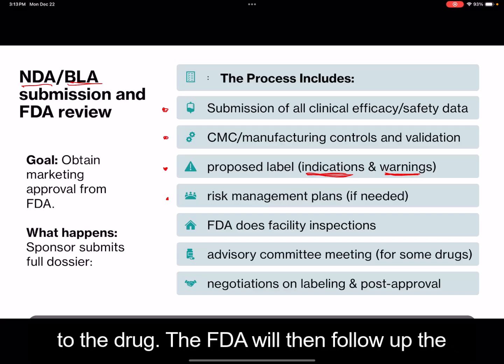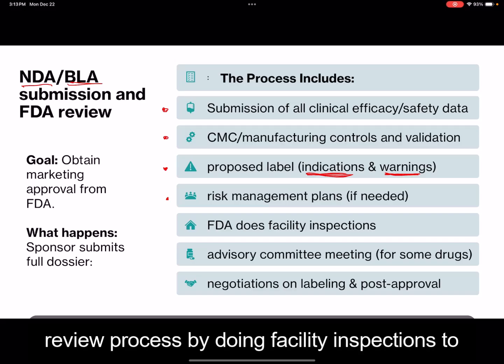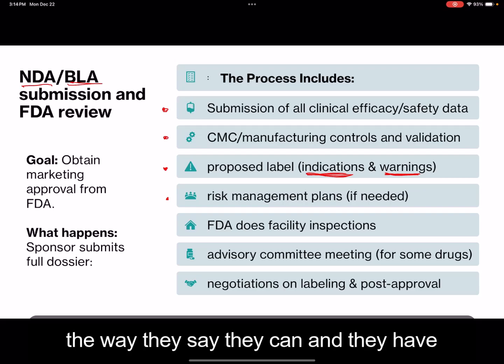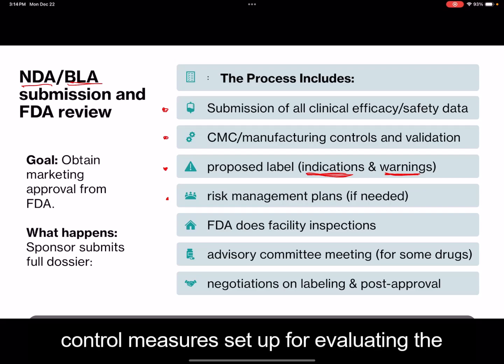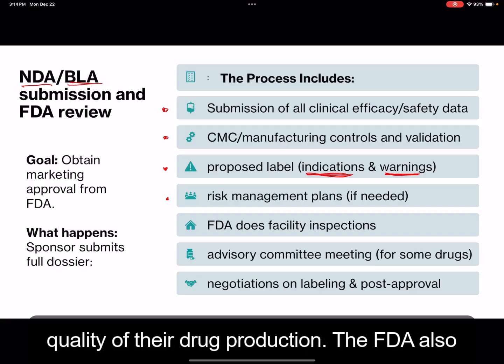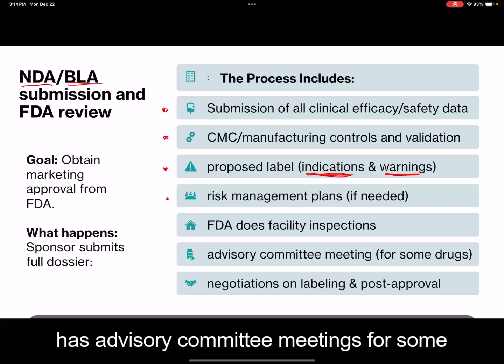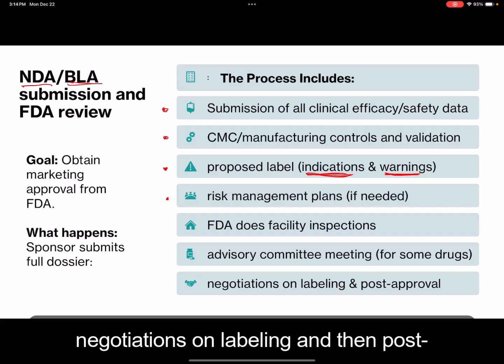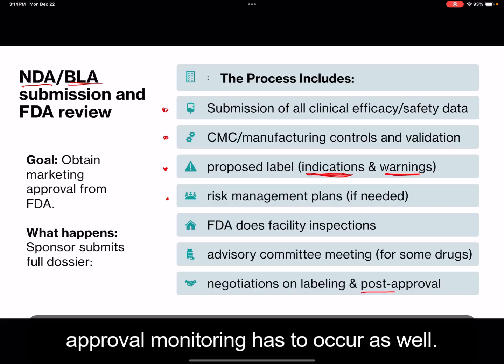The FDA will then follow up the review process by doing facility inspections to make sure that they can produce the compound the way they say they can, and they have quality control measures set up for evaluating the quality of their drug production. The FDA also has advisory committee meetings for some drug compounds, not all of them, and then negotiations on labeling, and then post-approval monitoring has to occur as well.